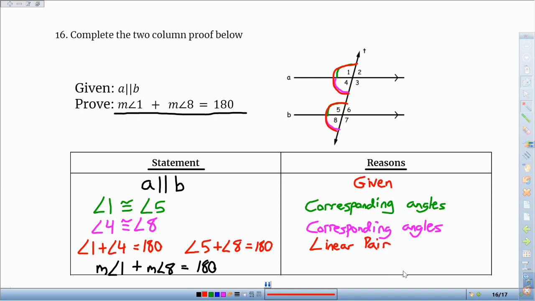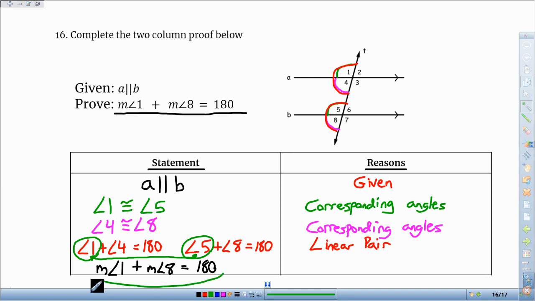Okay, so what's the connection we can now make? Here is the tricky part of this proof, realizing that since angle 1 is congruent to angle 5, you don't have to draw these lines, but these angles here and here, they're congruent. We can literally swap their positions. So I can move angle 1 over to this spot. And if I did that, I would have that angle 1 plus angle 8 equals 180.